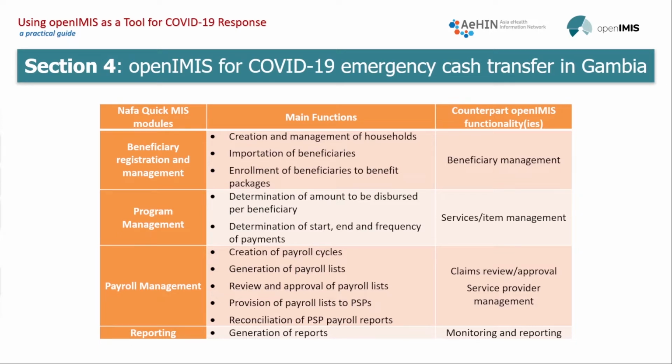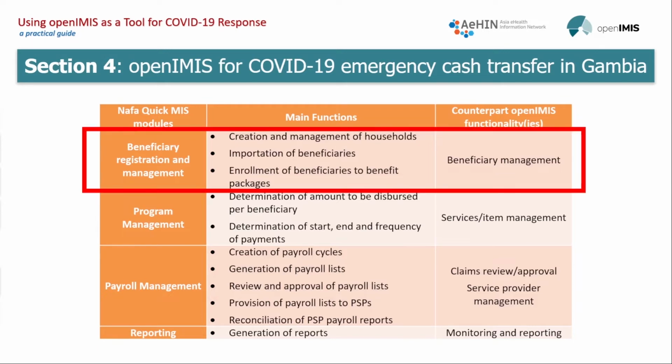This allowed further registration of individuals and households not included in the original list, as well as collect other missing but relevant data from existing databases. Using the beneficiary registration and management module of the NAFA Quick MIS, data from the registration forms were imported to the program where households were enrolled to specific benefit packages by enrollment officers.